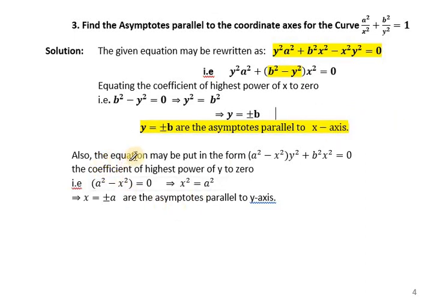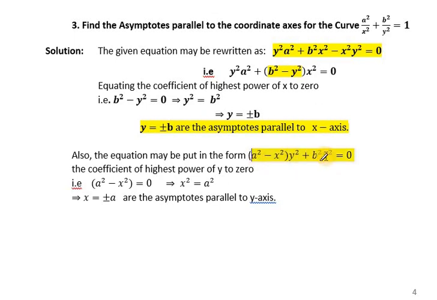And also the given equation can be written as y square a square plus b square x square minus x square y square is equal to 0. It can be written as a square minus x square into y square. See, we have removed the y square common factor among these two terms. Then we get a square minus x square into y square plus b square x square as it is.